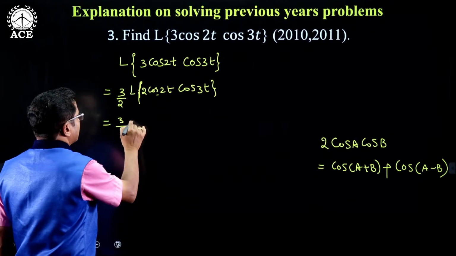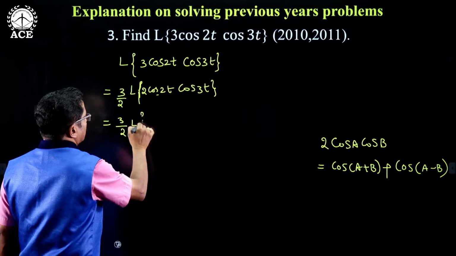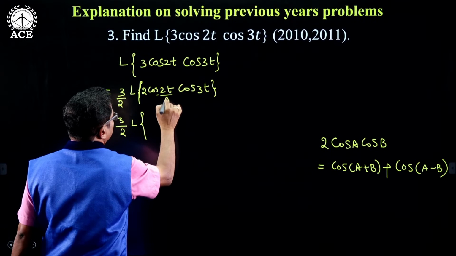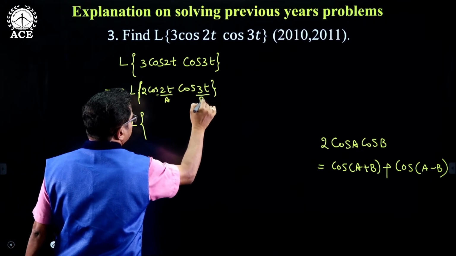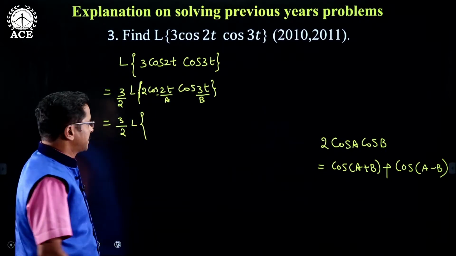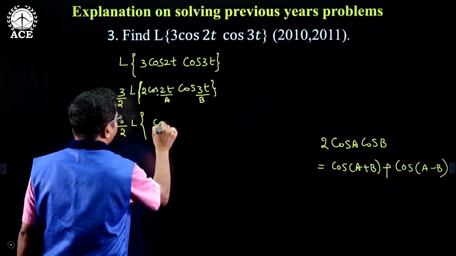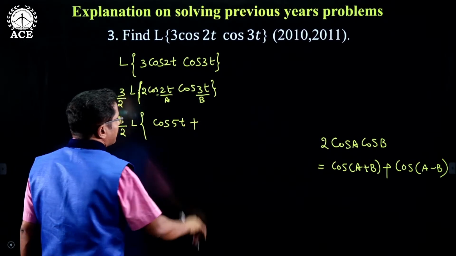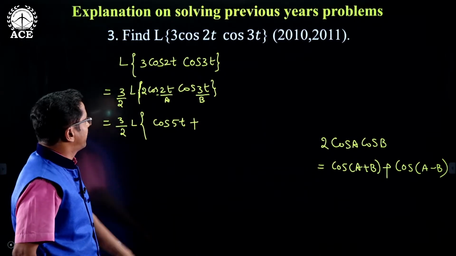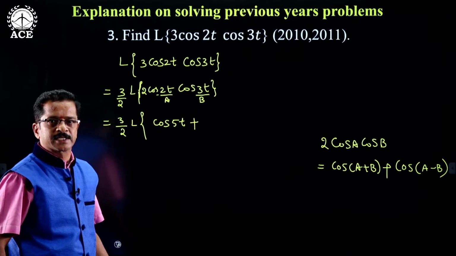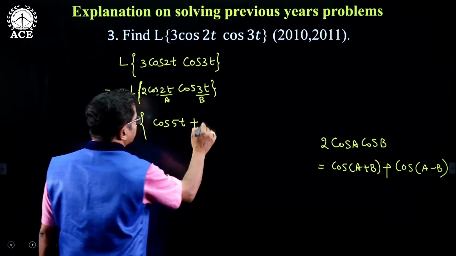Then L of cos, here this is A and this is B, and cos of A plus B means cos 2t plus 3t, means cos 5t, plus cos of A minus B means cos of 2t minus 3t, cos of minus t is again cos t only.